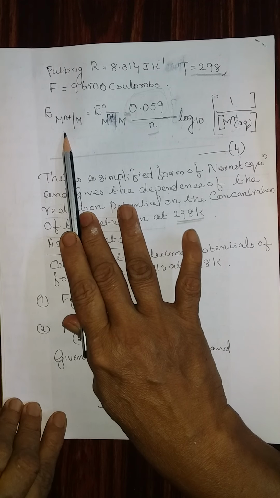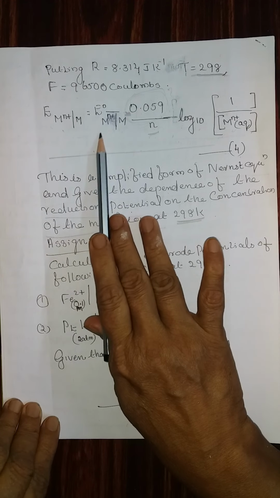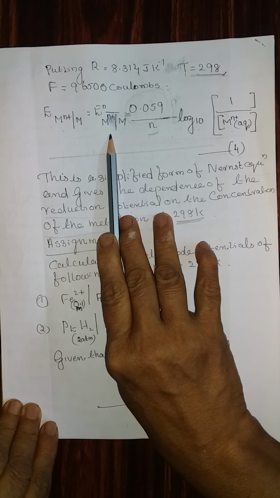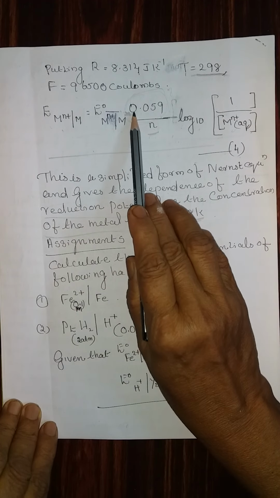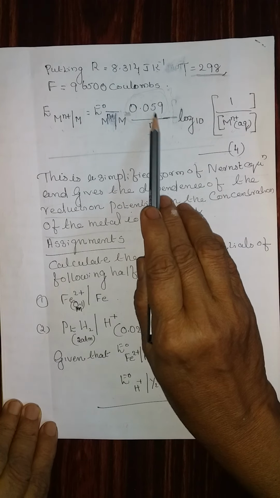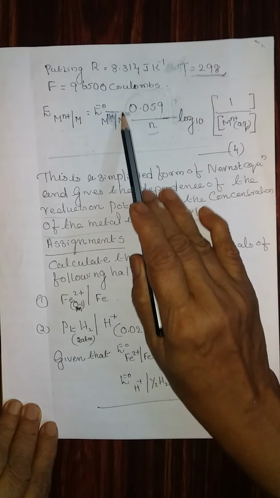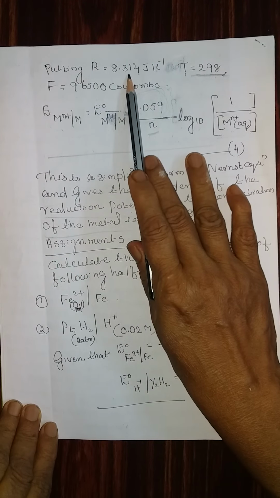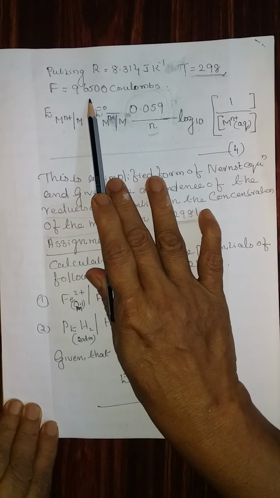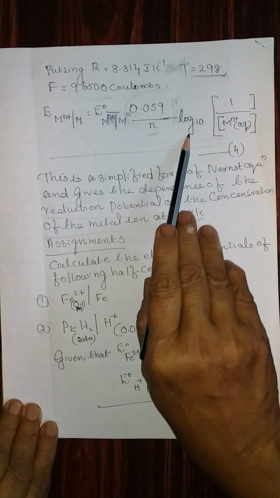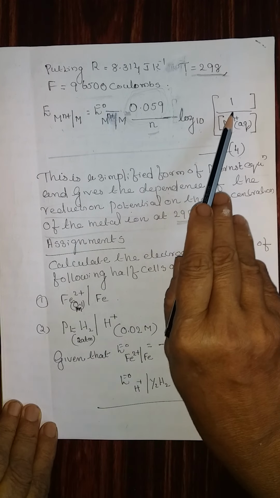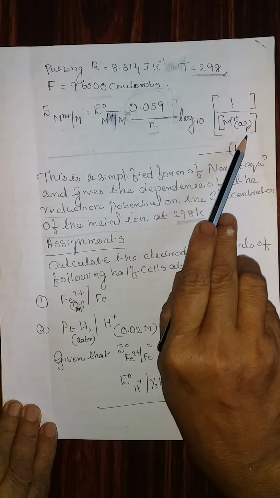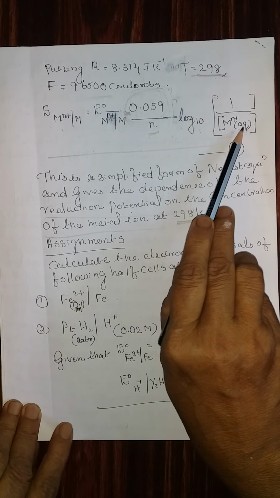Therefore, the electrode potential of the reduction electrode is equal to standard reduction potential of that electrode assembly minus 0.059. You just calculate and find out whether you are getting this value if you substitute the temperature, R, and F. Then log to the base 10, the concentration is 1 because it is in the solid state, and Mn+, that is the concentration, that is aqueous.